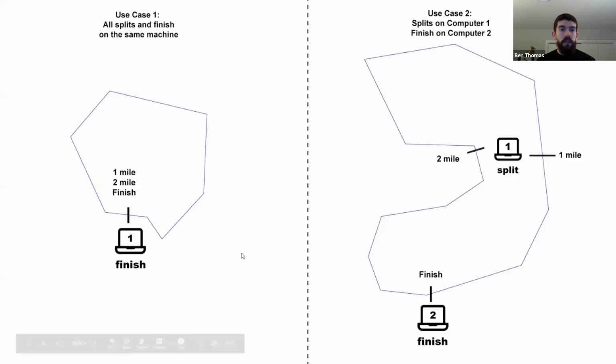So we'll take a look at use case 1 first, where we're doing our splits and our finish on one computer. So the really important thing that we need to know is what data is coming from what computer. So we term each computer that's sending a lift of some sort as a lift machine.